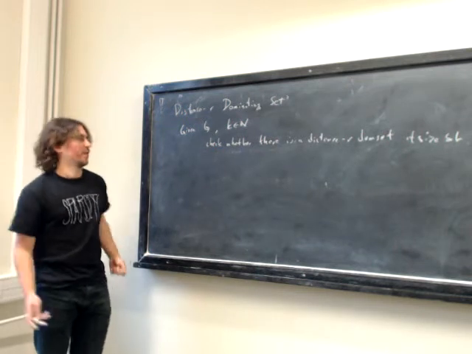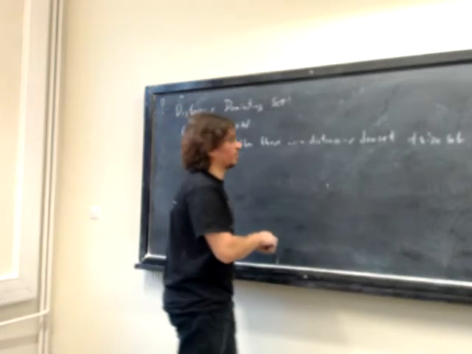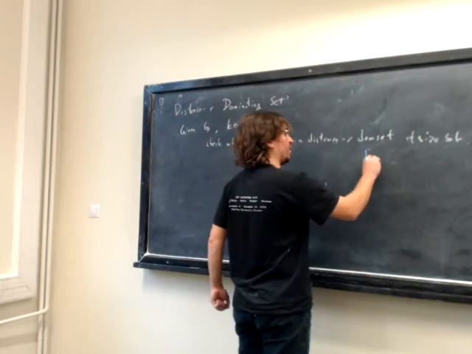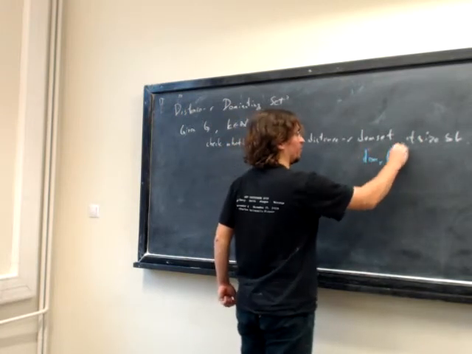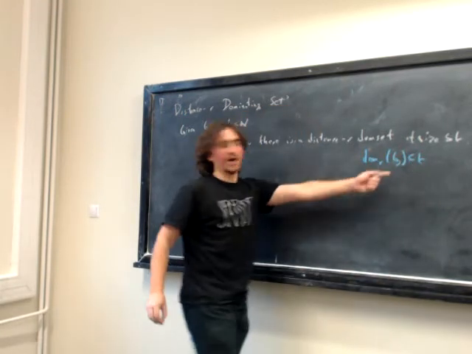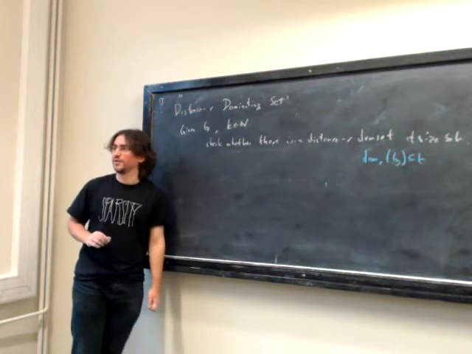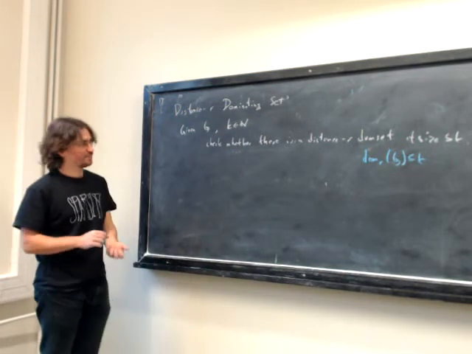So I will write it concisely as follows: dom R of G is at most K, where dom R of G is the smallest size of a distance R dominating set.